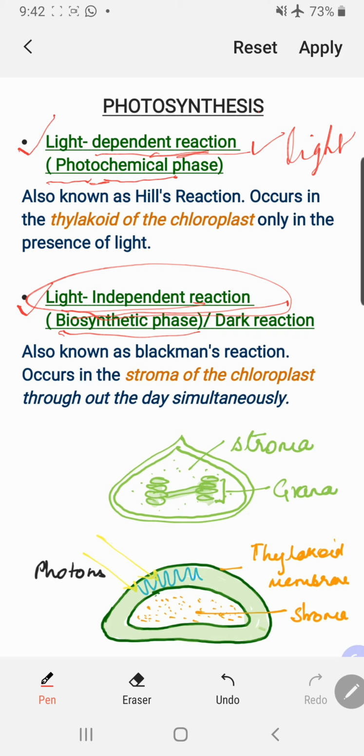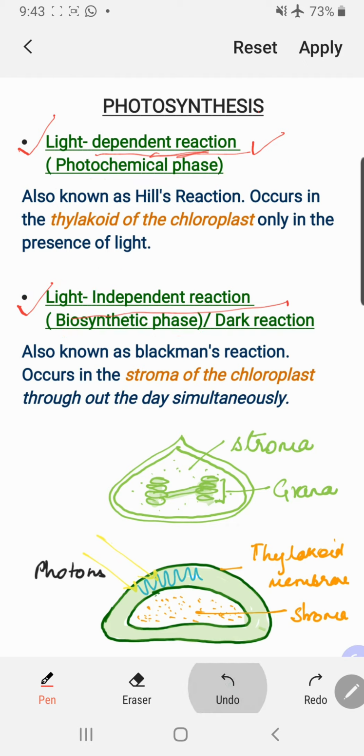Right, children? So first thing is, light dependent reactions need light for their completion. Light independent reactions do not need light for their completion. Light dependent reaction is also known as a photochemical phase, whereas light independent reaction is also known as biosynthetic phase.